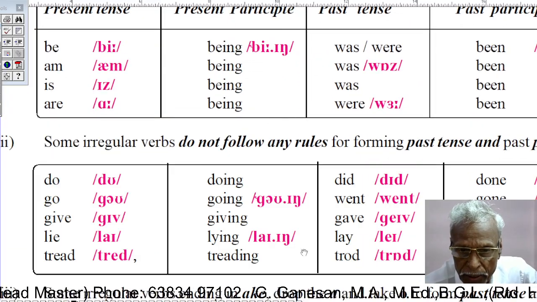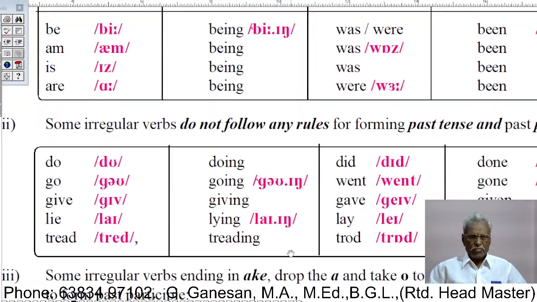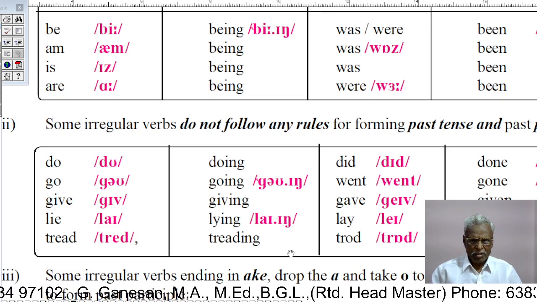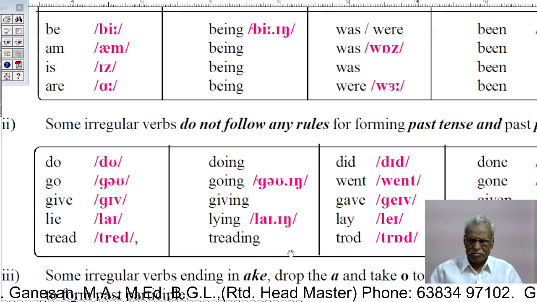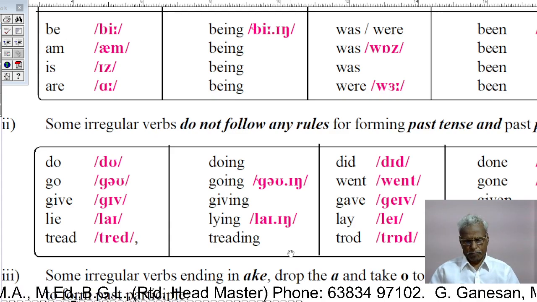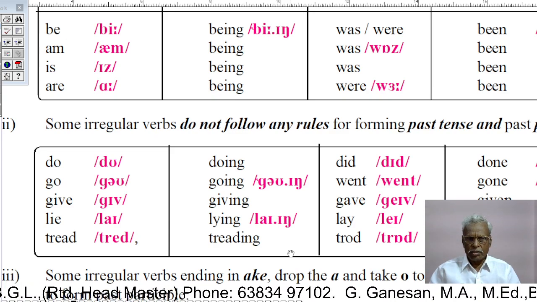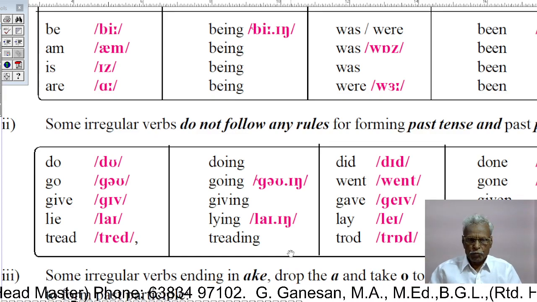Let us see the second kind. Some of the verbs form their past tense and past participle not following any rules. They have their own rules. Let us see that kind of verbs.